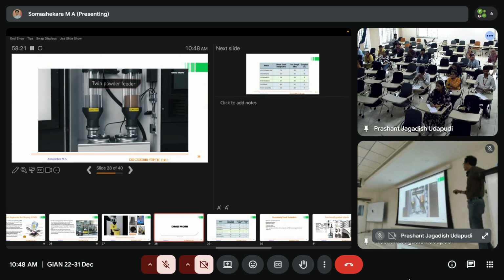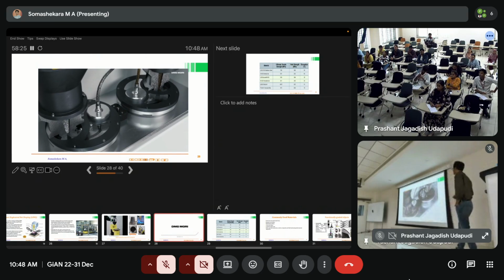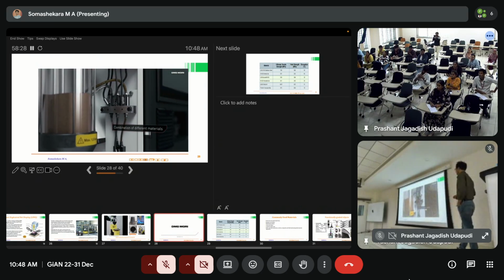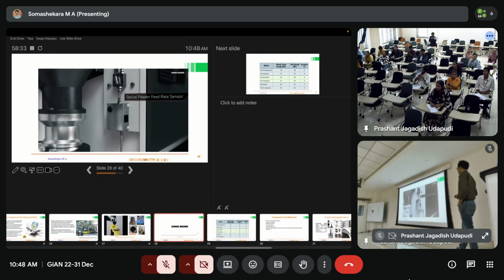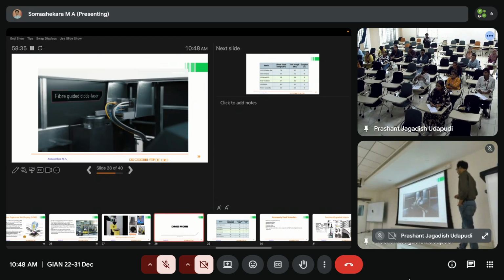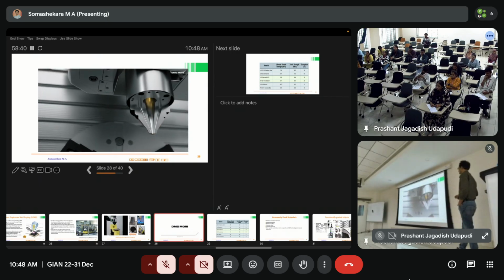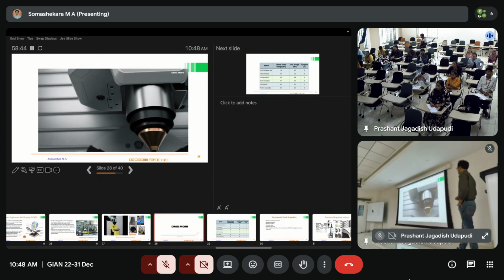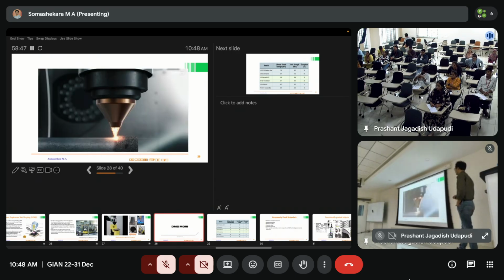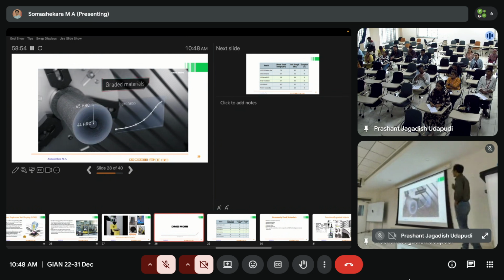So these are the powder feeders. So you can see how you can also deposit. Imagine you want to deposit on components that are already available, or you want to repair it.